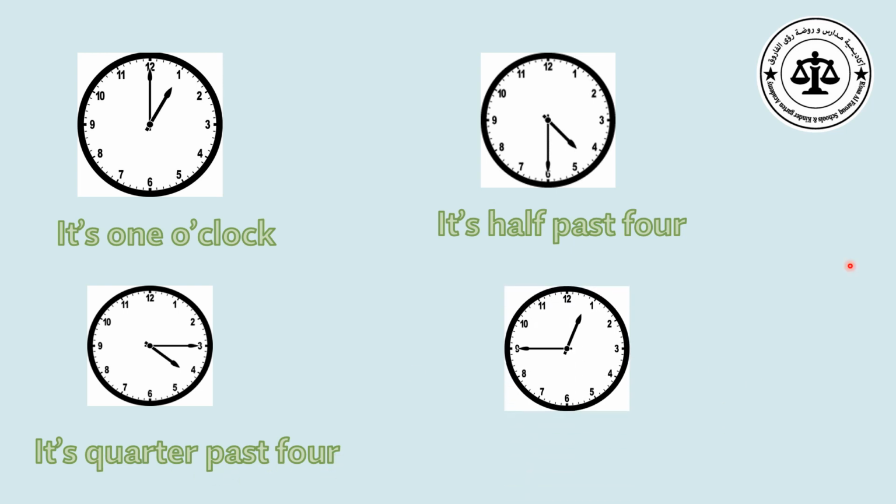The last one, the long hand is at 9 and the short at 1. When the long hand at 9, we said it's 1:45. Long hand at 9, it's 1:45, and the short عند 1, so it's 1:45.